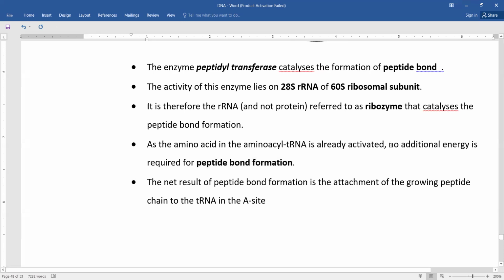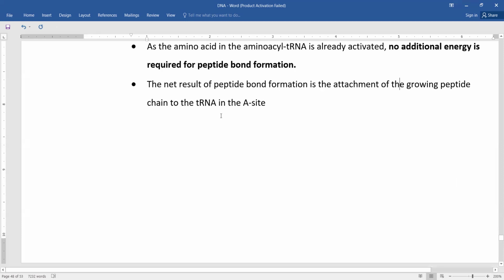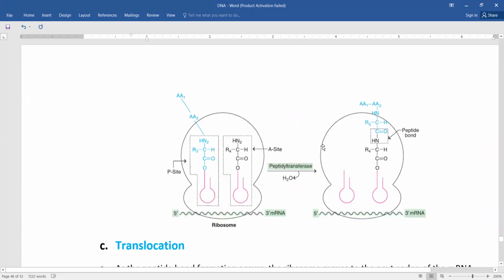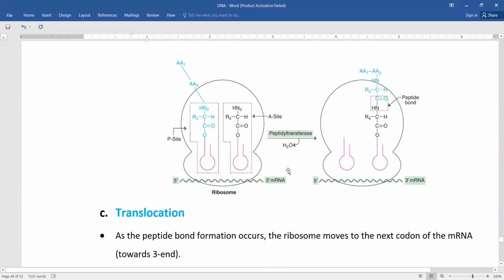So no additional energy is required for the peptide bond formation. The net result of the peptide bond formation is the attachment of the growing peptide chain to the tRNA in A site. A site lo unnatuvanti tRNA ki adi attach avuthundi. So ikkada A site lo unna tRNA ki first methionine attach avuthundi. Idi free ayipothundi. So this is how the peptide bond formed.